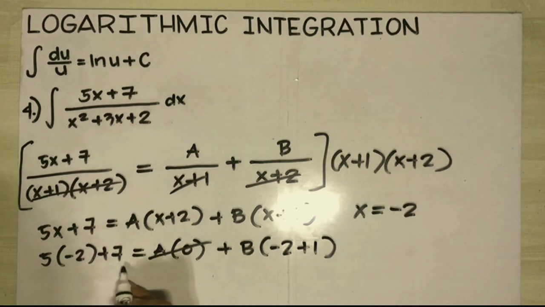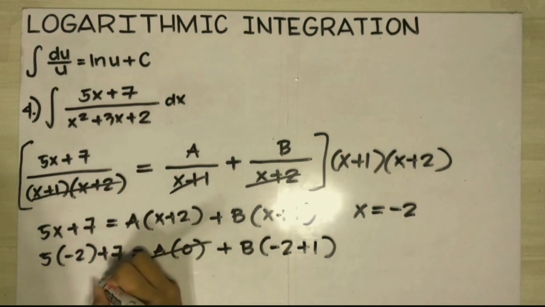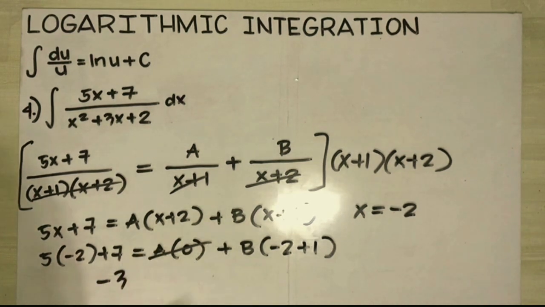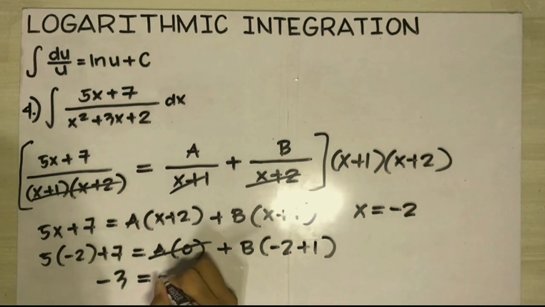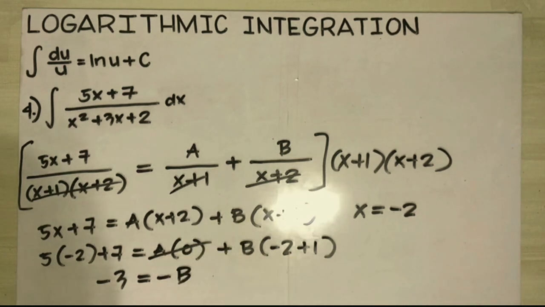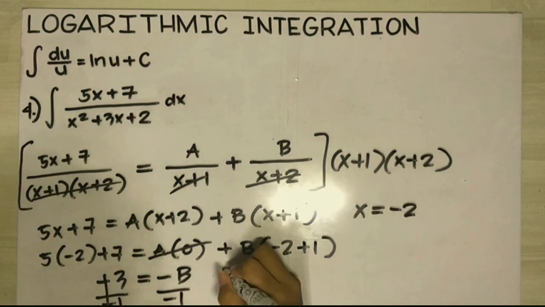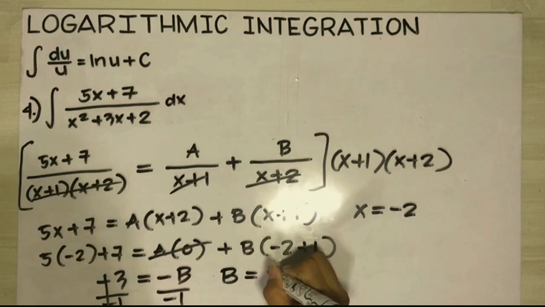So negative 10 plus 7 is equal to negative 3. This is also equal to b times negative 2 plus 1, which is equal to negative b. So, divide both sides by negative 1 to cancel the negative sign. So b is equal to 3.